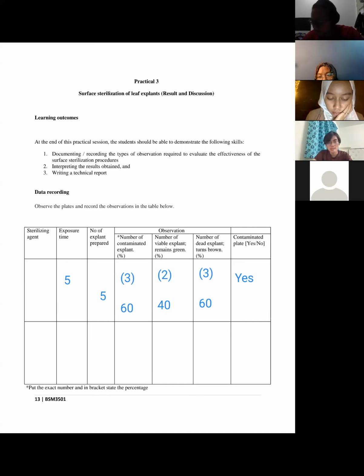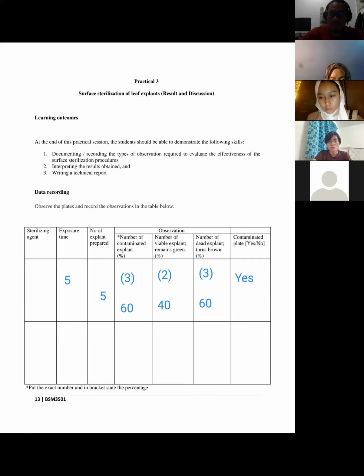The remaining two explants, I assume will remain green, so it makes up 66.66%. To know the percentage of dead explants, I refer to the number of contaminated explants. When the explant is contaminated, it will become dead and turn brown. So the percentage of contaminated explants and dead explants is the same, which is 33.33%.